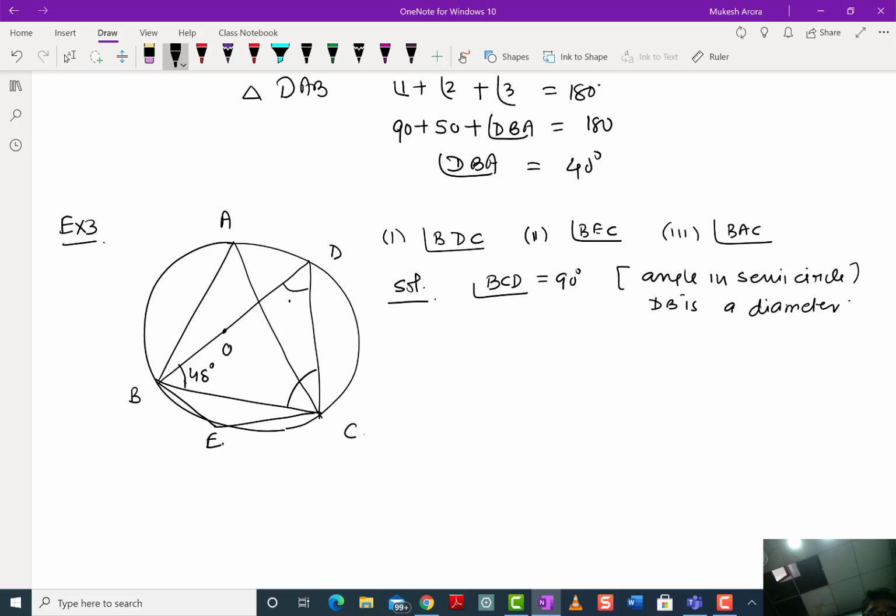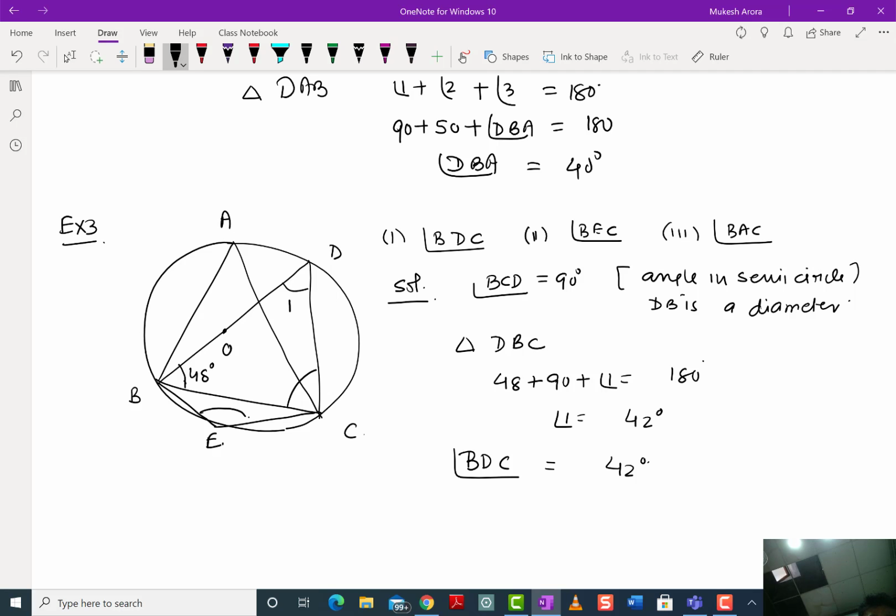So in triangle DBC, 48 plus 90 plus angle 1 is equal to 180. So angle 1 is equal to 42. That is BDC. BDC is equal to 42 degrees.